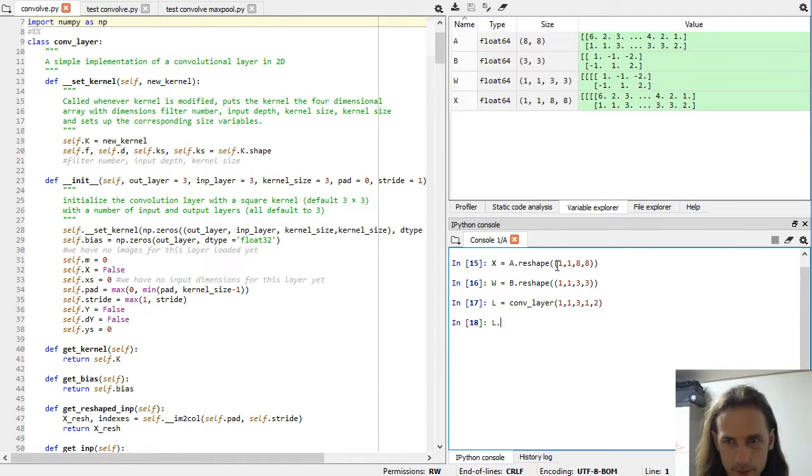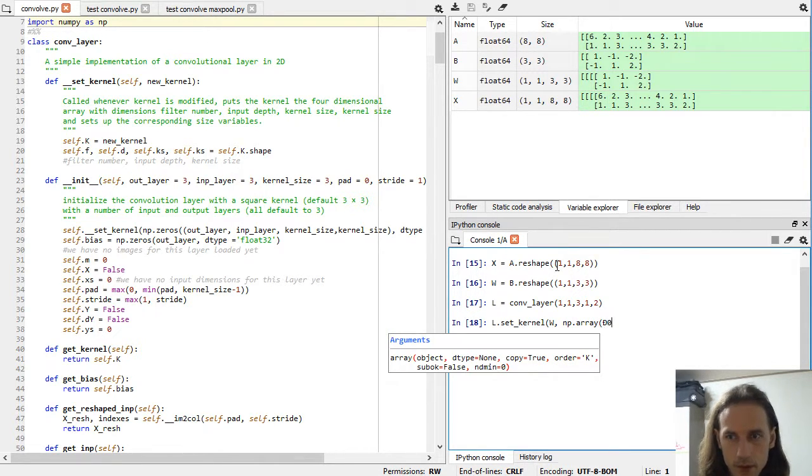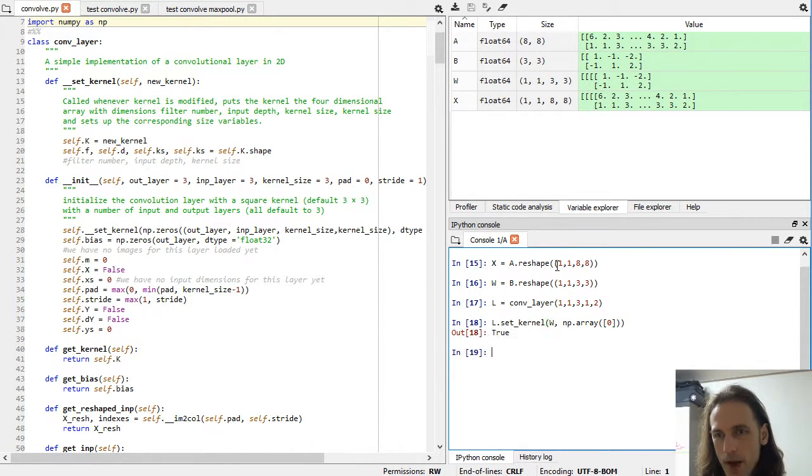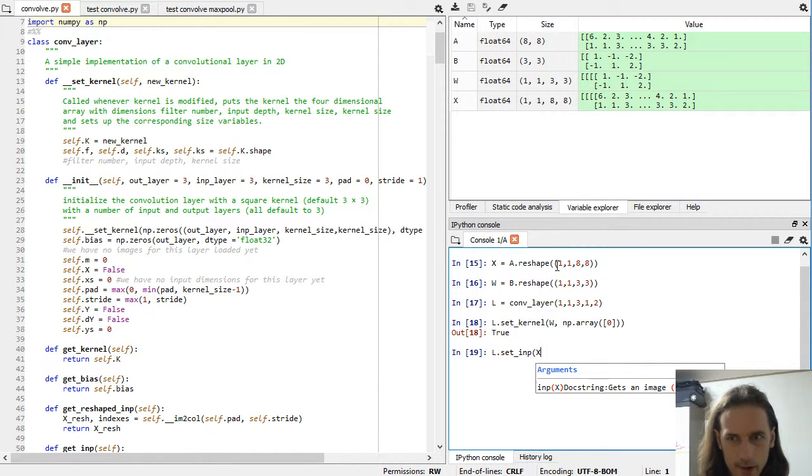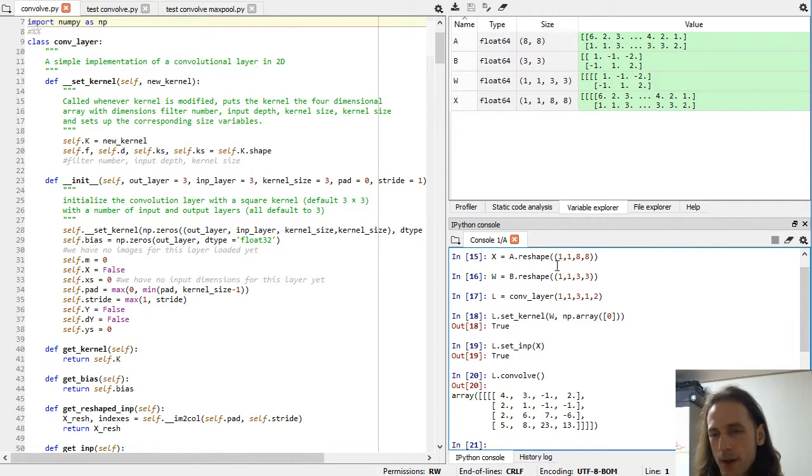Let's set the kernel w, and we will have a 0 for the bias, and then let's set the input as x, and let's convolve, and it's a 4x4 matrix.